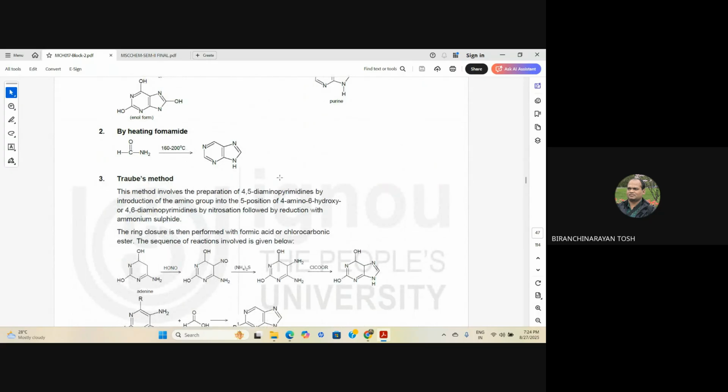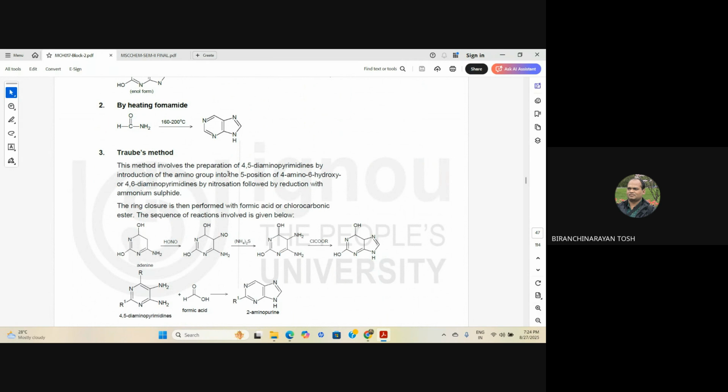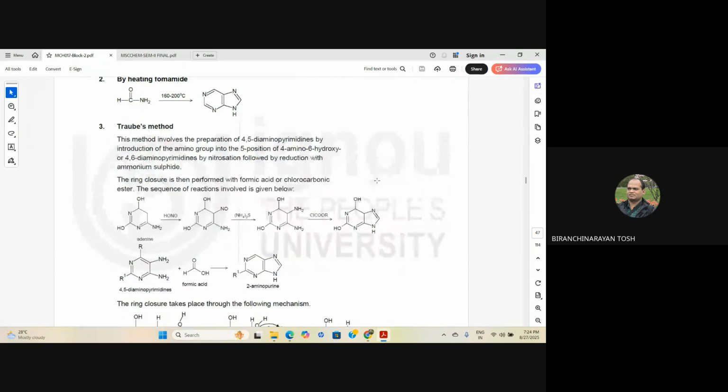Traub's method. In this method, 4,5 diamino pyrimidines can be prepared by introduction of an amino group into 5 position of 4 amino 6 hydroxy or 4,6 diamino pyrimidines by nitration followed by reduction with ammonium sulfide. The ring closure is then performed using formic acid or chlorocarbonic ester.